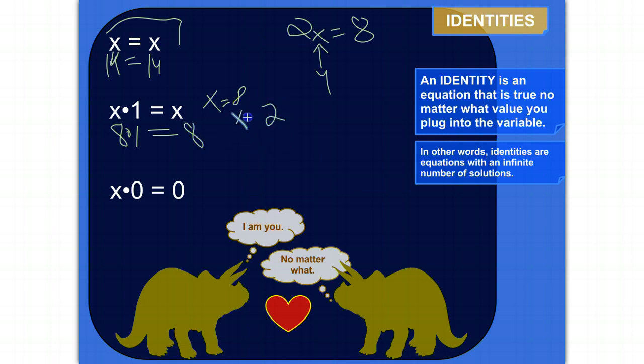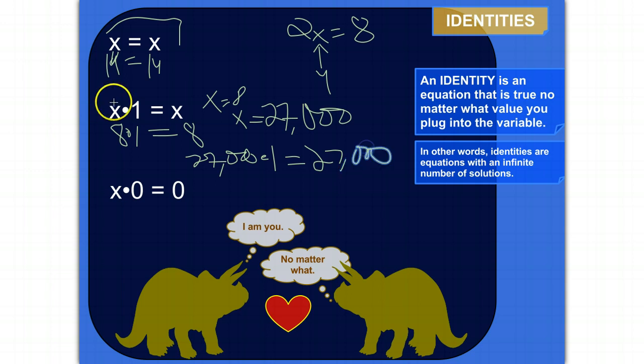Let x equal 27,000. So 27,000 times 1 is equal to 27,000. So that's an identity because you can plug in any number for x and this equation will still hold true.